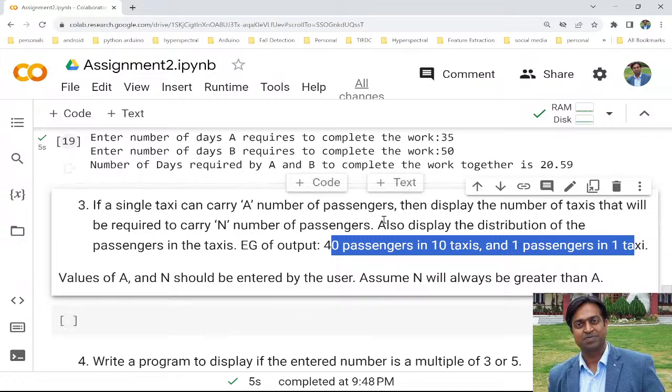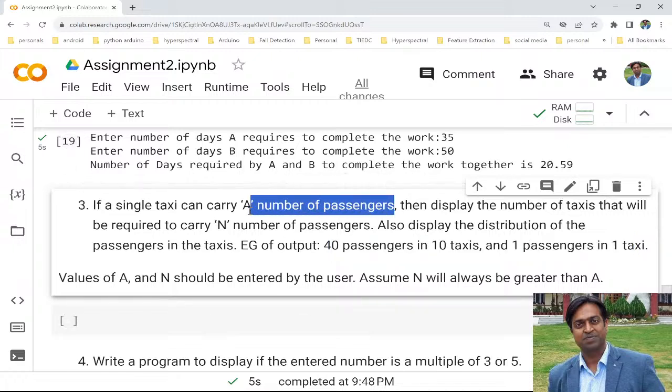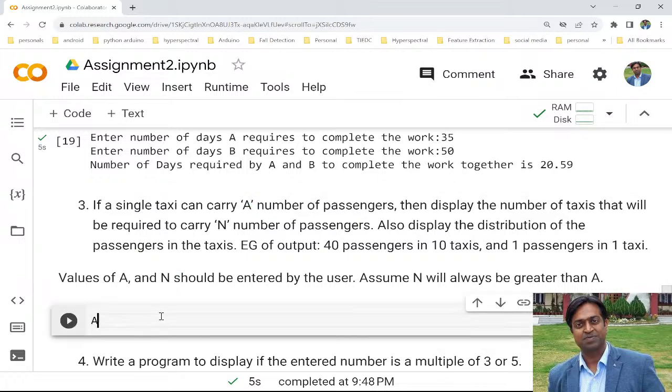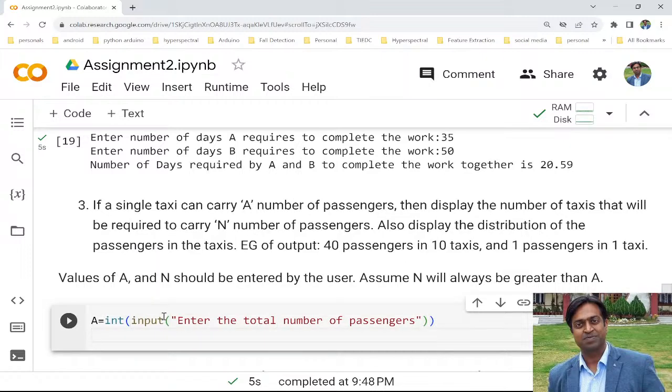So how to get this? First of all, we can ask the user to enter the value of a and n. So n is equal to int input, enter the total number of passengers, right? A single taxi can carry a number of passengers, and n is the total number.